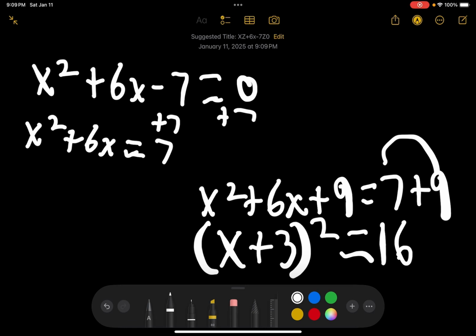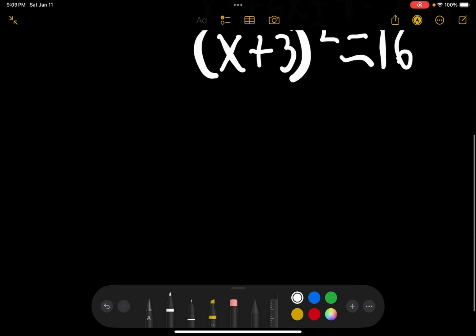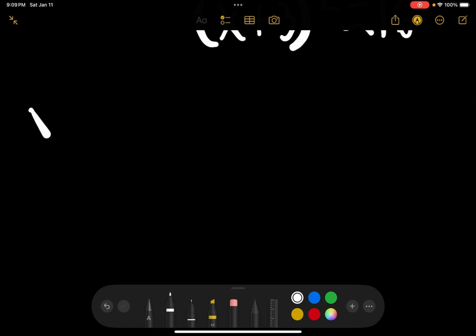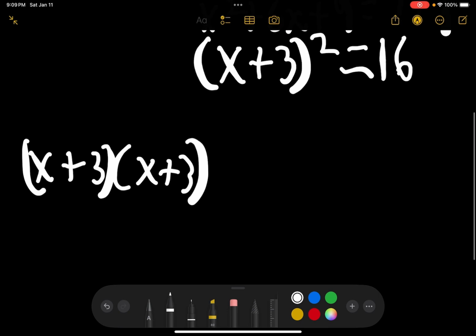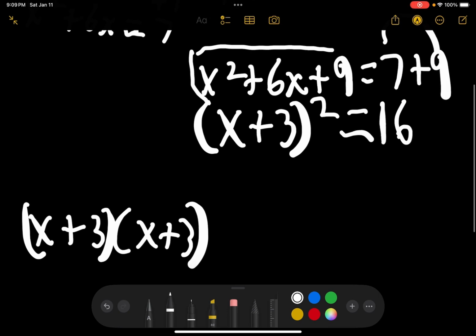Now this x plus 3 squared equals x squared plus 6x plus 9. And I'm going to just go down and show y'all real quick. X plus 3 times x plus 3. I'm doing this just to show y'all that this equals this.